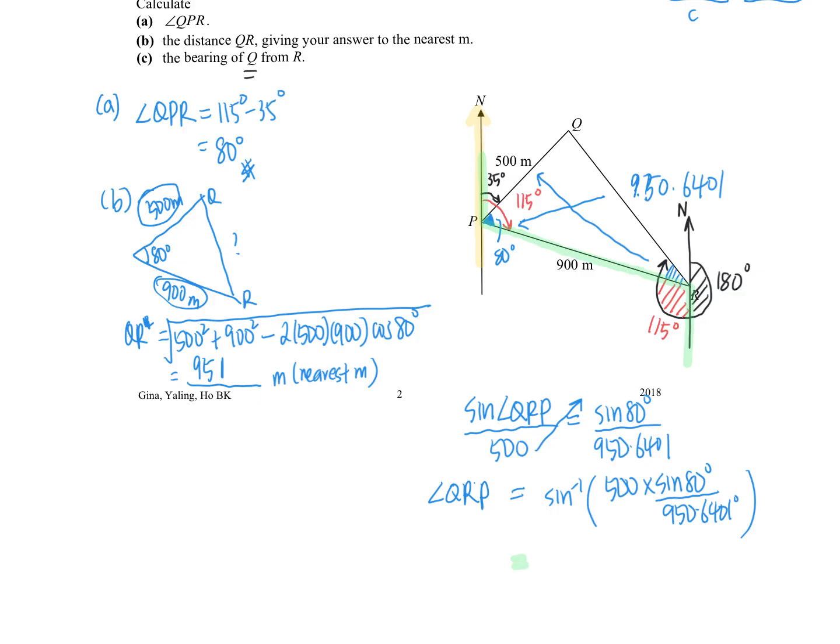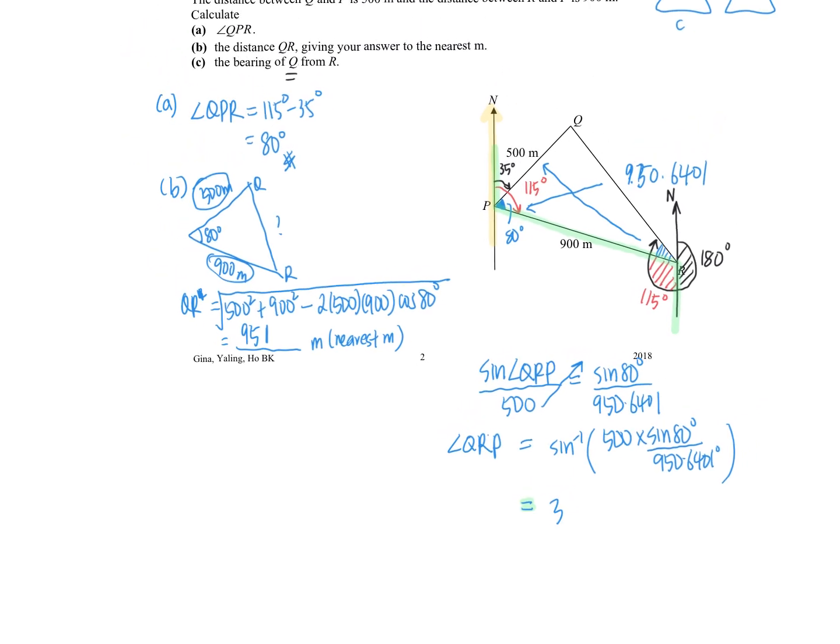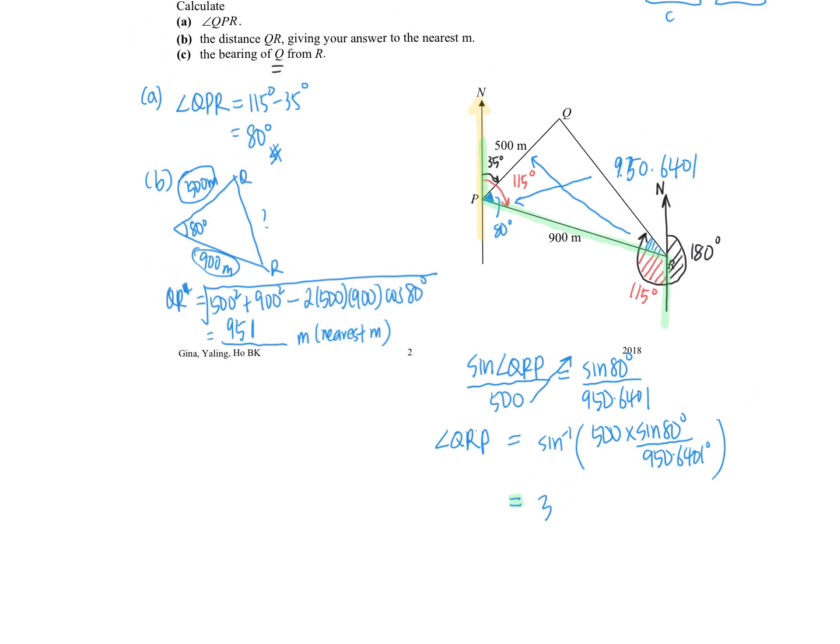Okay, so what's the answer? 32, so big? You check? Why so big? You got inverse or not? Or 31, okay, 31.196 degrees.